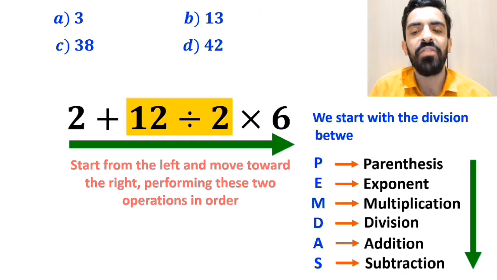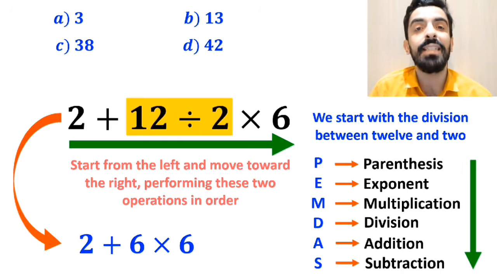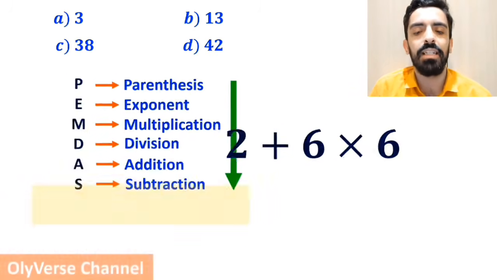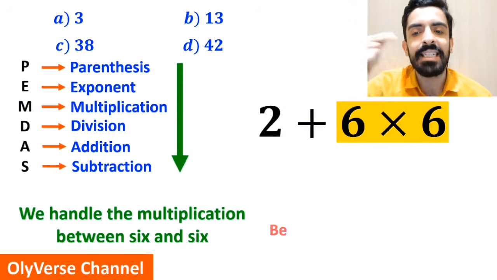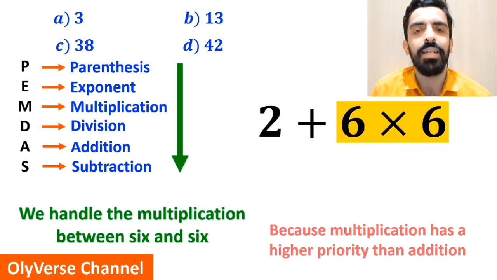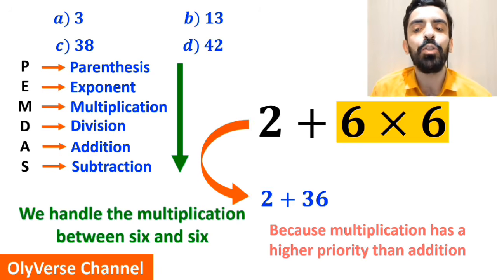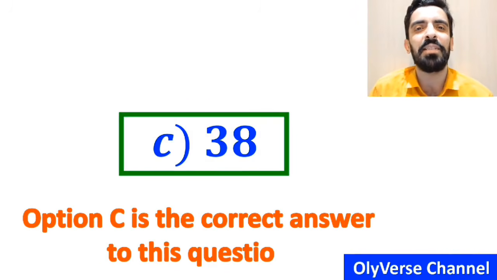So, first we start with the division between 12 and 2, which simplifies this expression to 2 plus 6 multiplied by 6. In the next step, we handle the multiplication between 6 and 6 because multiplication has a higher priority than addition. And this expression simplifies to 2 plus 36, which ultimately gives us the answer 38. Therefore, option C is the correct answer to this question.